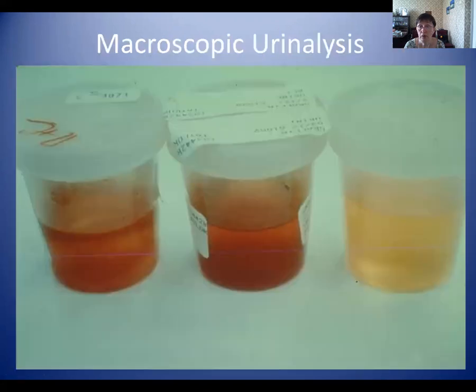First of all, it will be macroscopic urinalysis, and you can see different variants of urine color. Here is normal color of urine, maybe a bit pale, but here we see the examples of hematuria. The urine is red due to a large amount of blood in it.